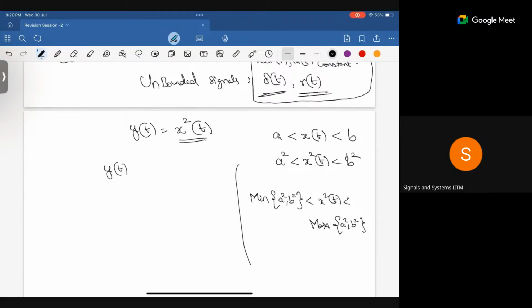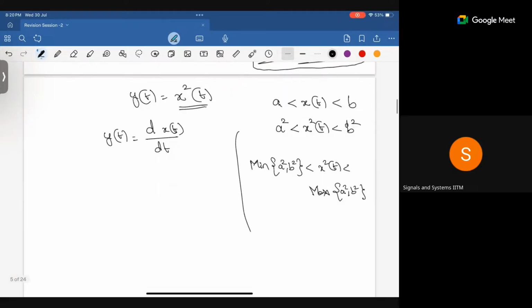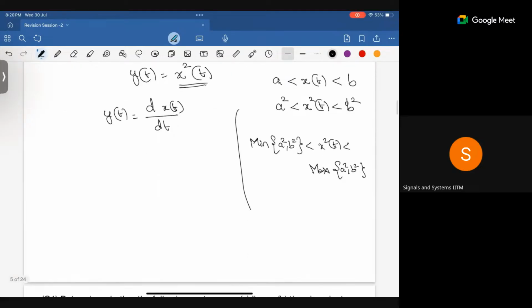So y of t being the differentiator d by dt. If you want to check whether this system is stable or not, you input the standard signals, right? So we start with u of t. If you input u of t, which is bounded, we get y of t to be du by dt, which is delta of t.